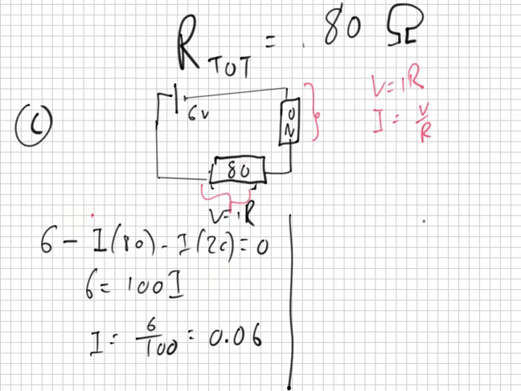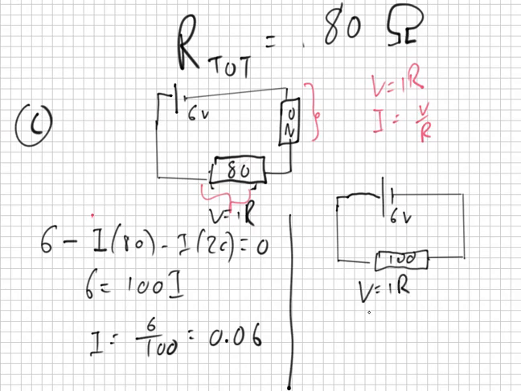Now, using it the other way, you suggested thinking about it as one total resistor of 80. So this is 6 and this is 100. So we can just use Ohm's law on this circuit. It'll be V equals IR.